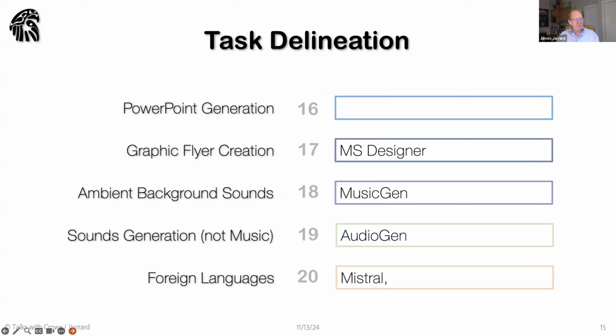Foreign language, Mistral. Falcon is Arabic. That's put out by the United Arab Emirates. The Emiratis have a technical center. They're moving from a carbon-based oil economy to a digital economy, and that's one of the things they're using.